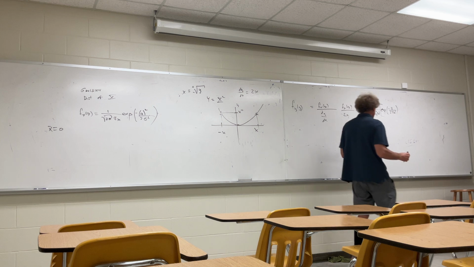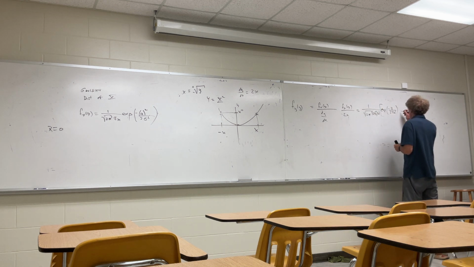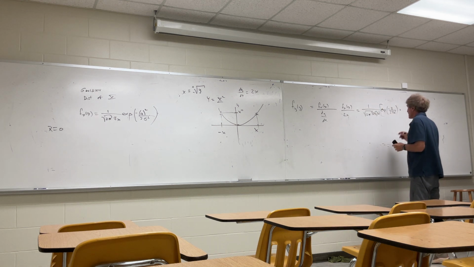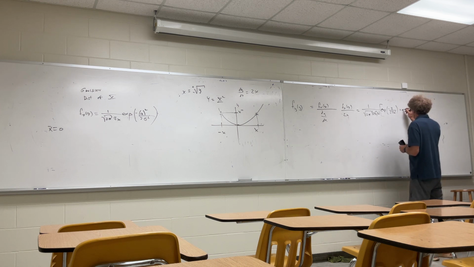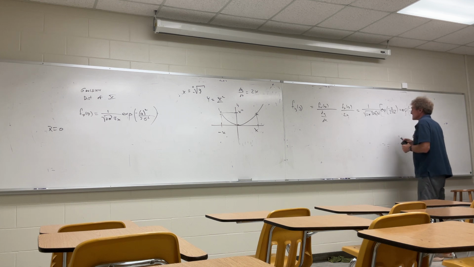Now you have to add this second point, which is going to be plus, and that's where it would be there. It would be exp to the minus, and it will be positive y over 2 sigma x squared. And you get this.